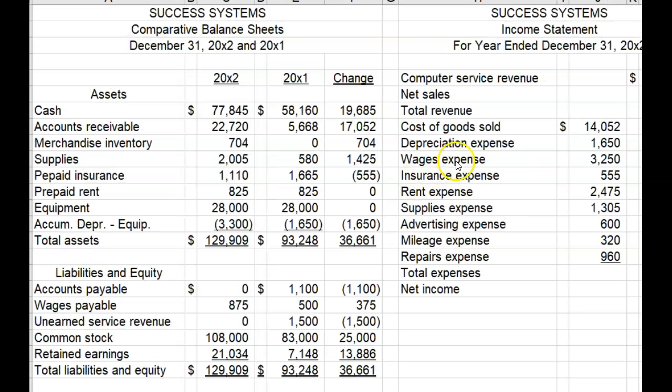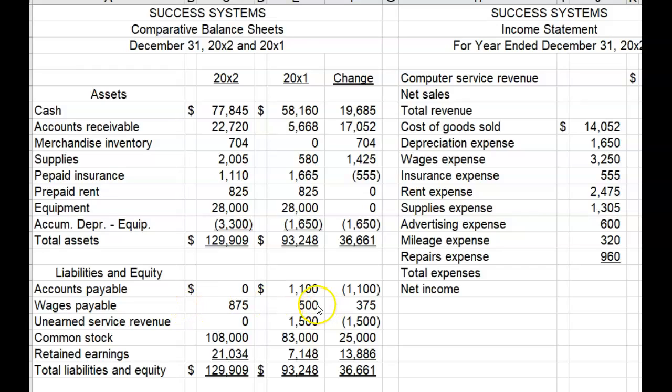Accrual basis wage expense is $3,250. And we don't have any prepaid wages in the asset section, but we do have a wages payable in the liability section. So we're going to need one T account.